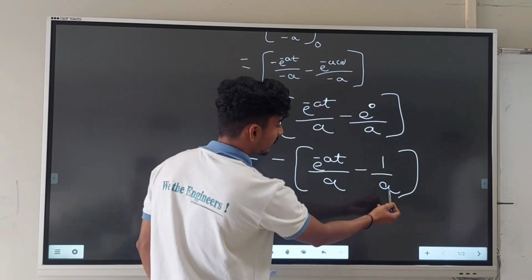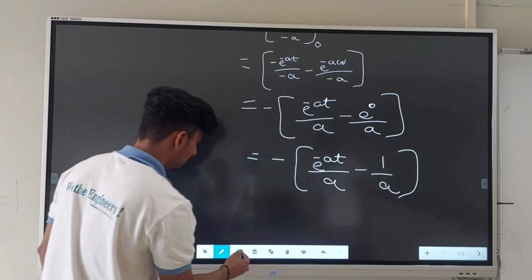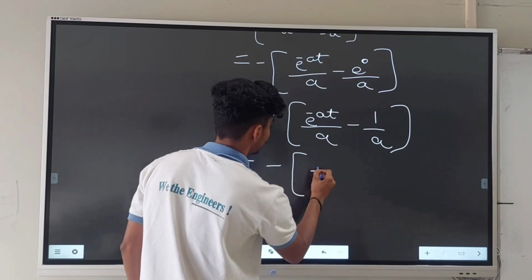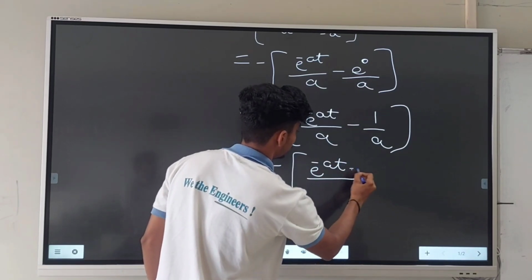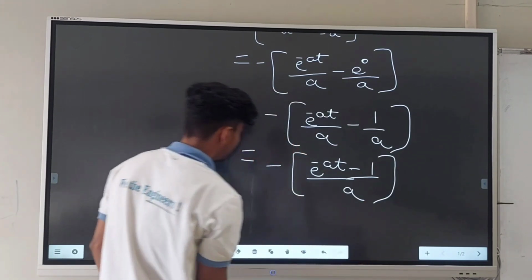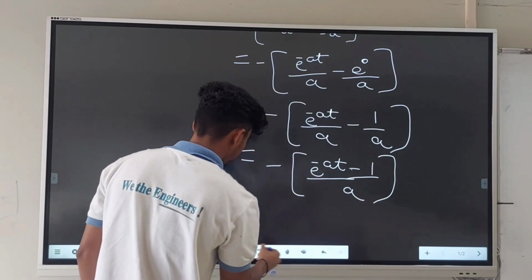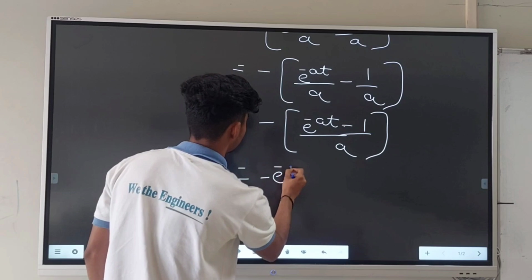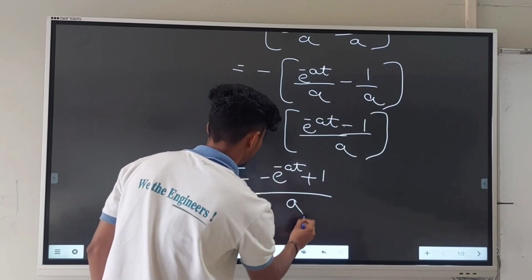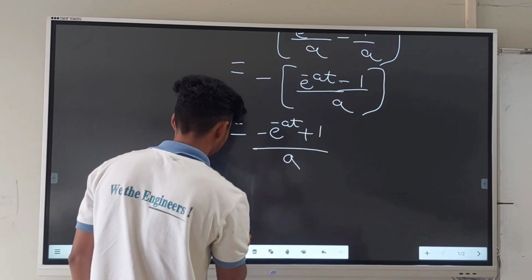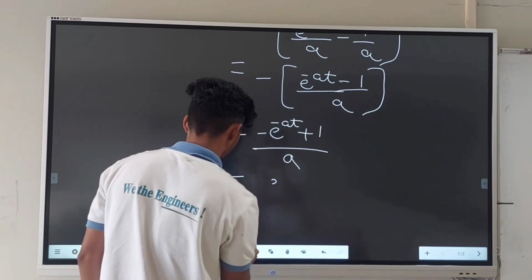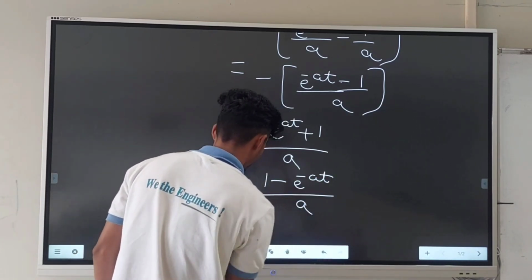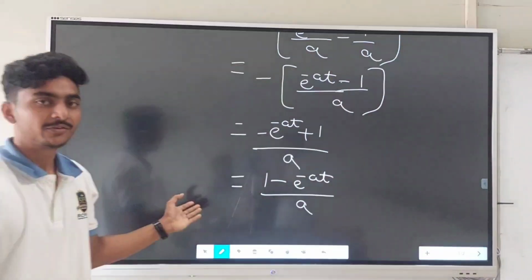So if you see the base of these two terms are common, so we write it as, so after that, this is a simple example for the corollary of the convolution theorem.